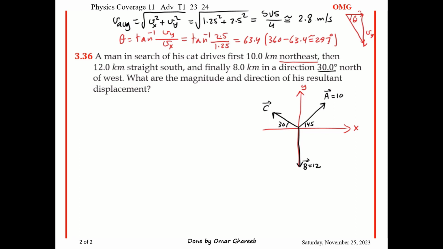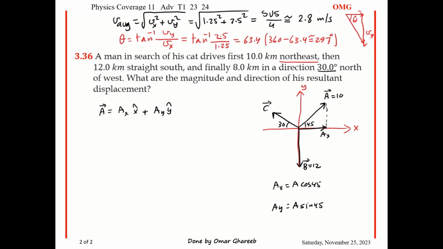For A, we have ax x hat plus ay y hat. Ax equals a cosine 45 and ay equals a sine 45. We assign the cosine to the x-axis because the angle is adjacent to the x-axis.